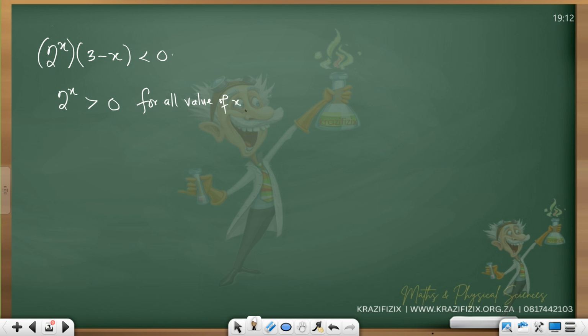So it means this one is always positive. This one, therefore, is the only one that will be negative. Then I can say, therefore, 3 minus x. That is the only time you should separate that. So please take note of that. Don't separate to say that or that. It's more complex than what you see, and you might get certain questions wrong once we separate. I hope it's noted.